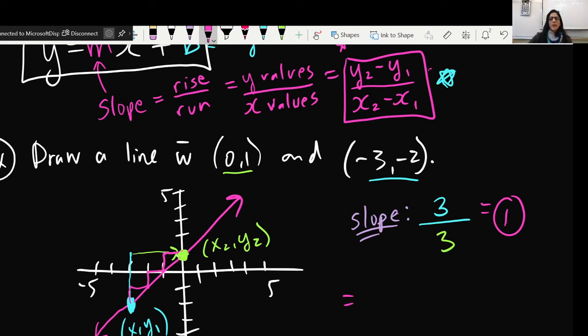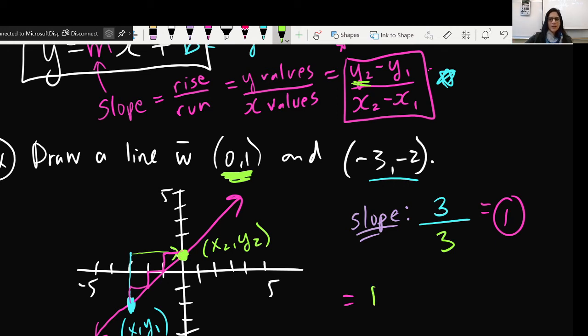So what would be my y2 value from this point here? Well, this was our green y2, x2. So what's my green y2 value? 1. Everybody good with that?